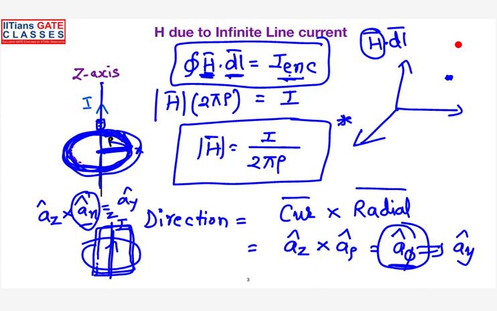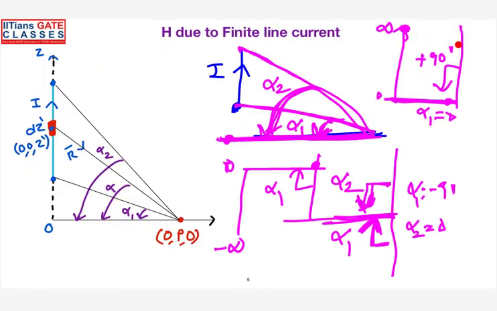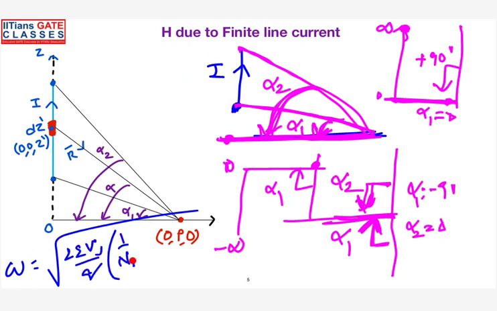Of course, your professor will not be able to explain how the width of the depletion region comes about. He will give one expression, something like this. I think you might have come across this. This is the width of the depletion region in a PN junction diode.